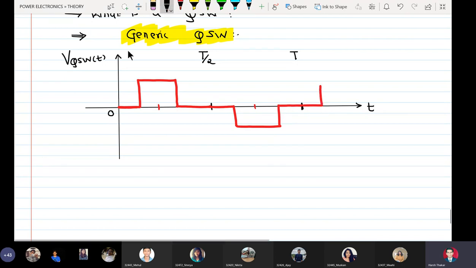So this level is same as the level of a square wave, that is plus V, and here the level is same as minus V. What is the difference, students? This particular waveform has a pulse width equal to 2 delta here as well as here.